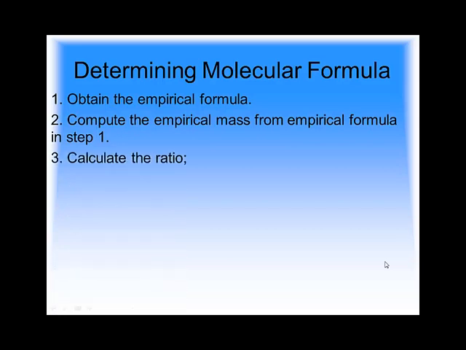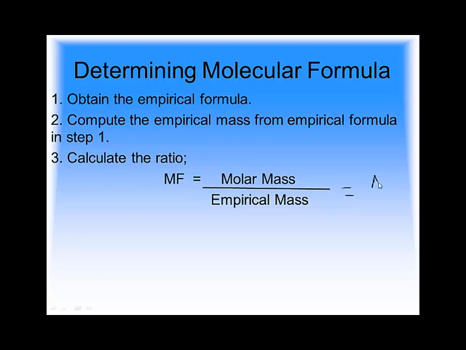Calculate the ratio of the molecular mass to the empirical mass. I call this the Me equation because it is technically the Me ratio. Molecular or molar to empirical mass. This number is always going to be the larger of the two, and I refer to it as the Me equation.